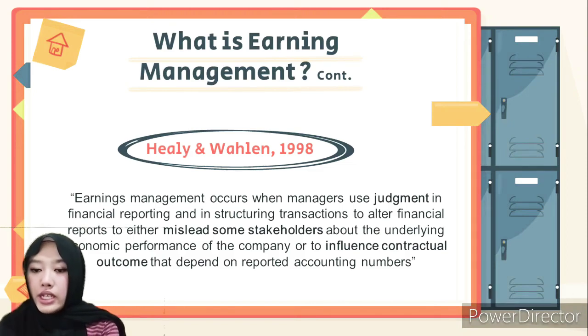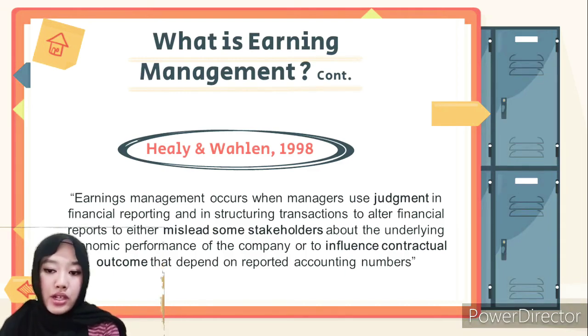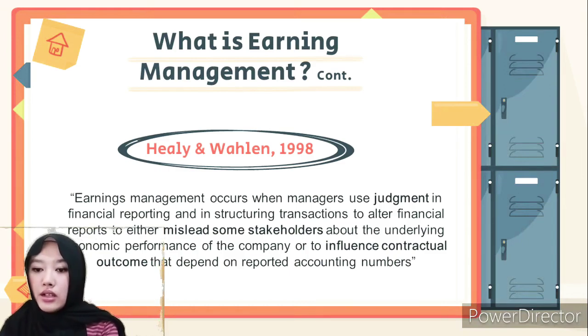And the next definition is provided by Healy and Wahlen in 1998, which is that earnings management occurs when managers use judgment in financial accounting and in structuring transactions to alter financial reports to either mislead some stakeholders about the underlying economic performance of the company or to influence the contractual outcomes that depend on reported accounting numbers.